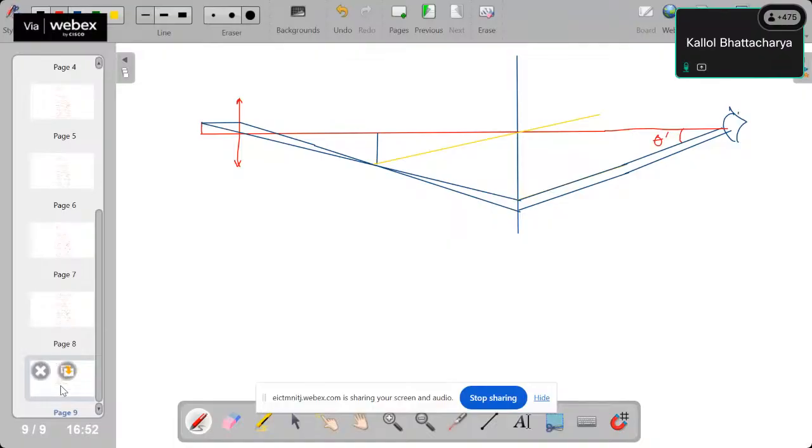Now, if this angle is theta dash, then this angle is also theta dash. So if this angle is theta dash, then remember that the distance from the intermediate image to this lens is Fe.